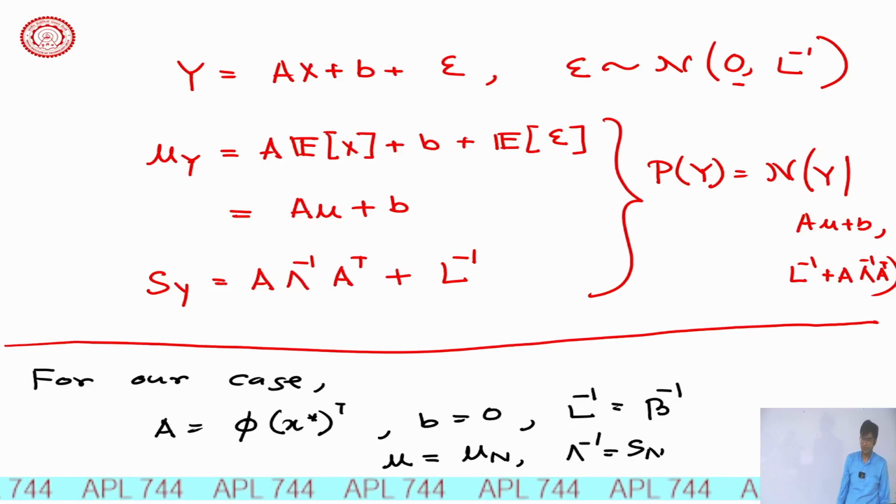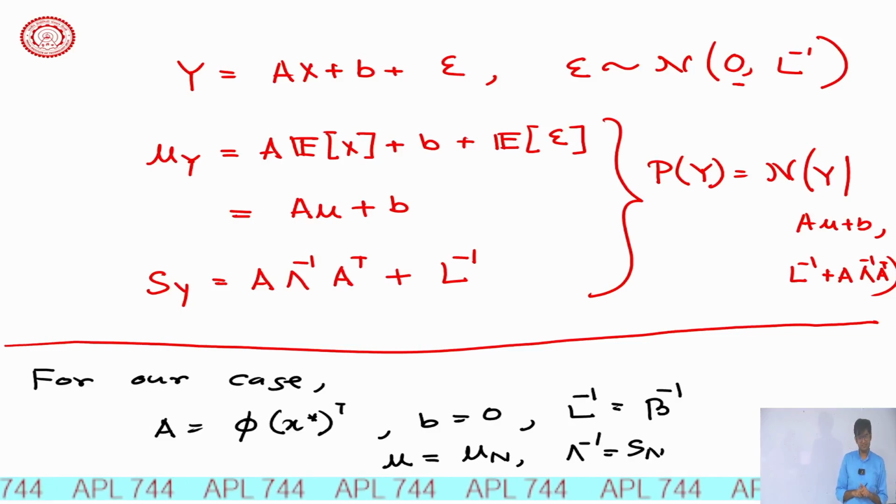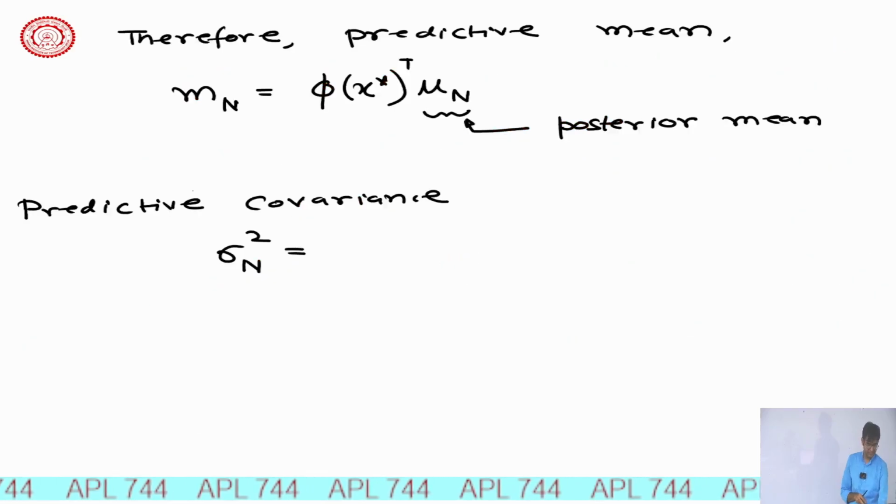Here it is. What is your A? Phi X star transpose. So, that will remain. What is your lambda? Sn inverse. So, it will be Sn and A transpose will become phi of X star. So, let us write it down first.